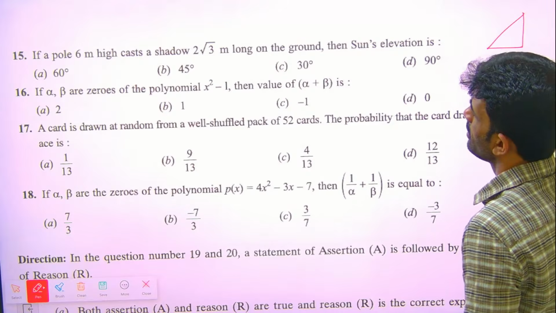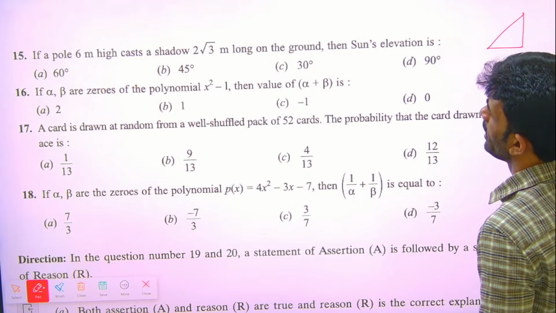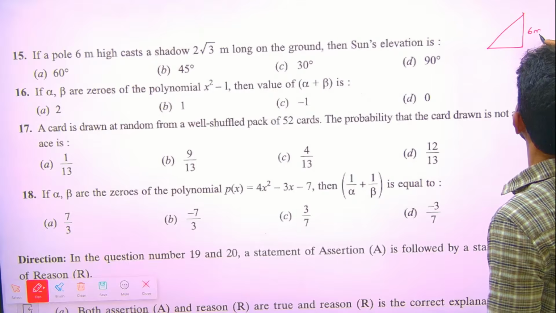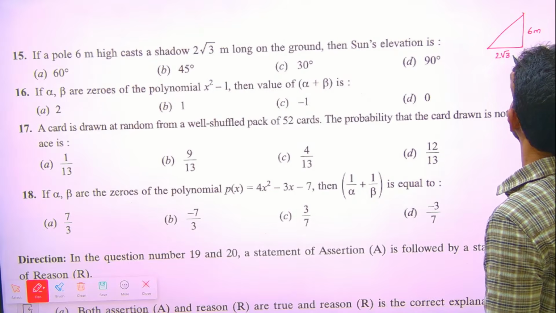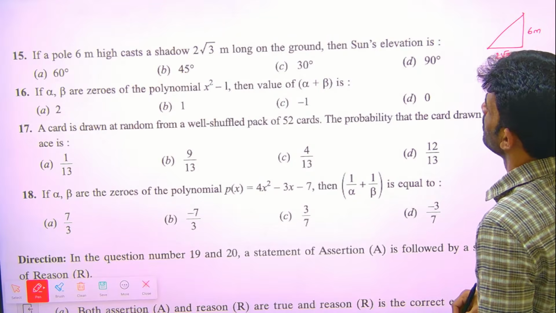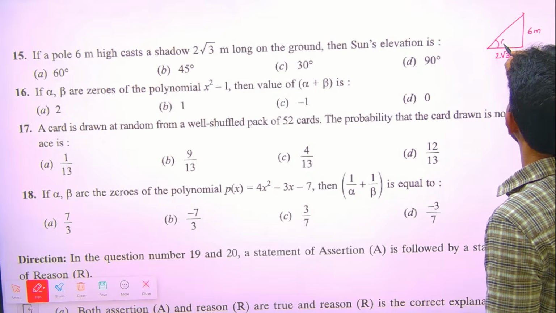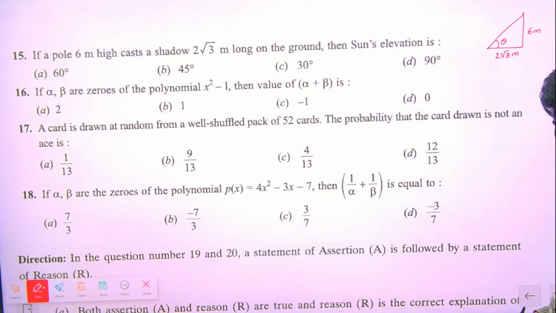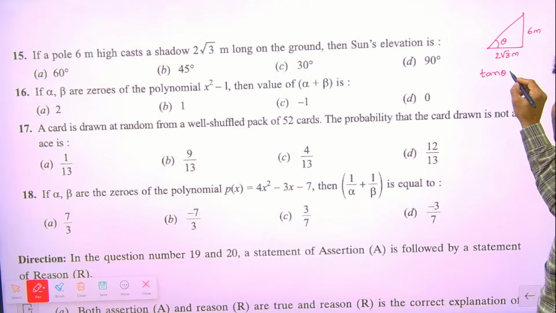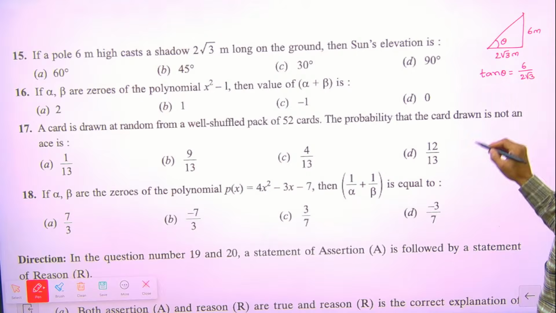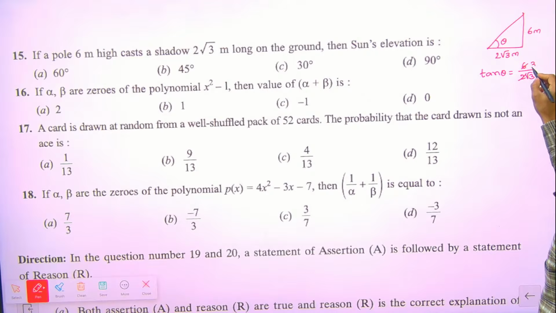In this right angle triangle, height is 6 meters and shadow is 2 root 3 meters. You have to find out this angle. You take the angle as theta. Then tan theta is equal to 6 by 2 root 3. 2 ones are 2, 2 threes are 6.